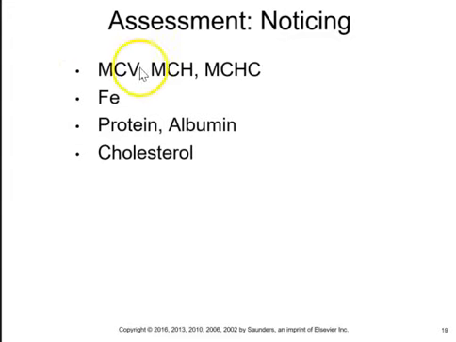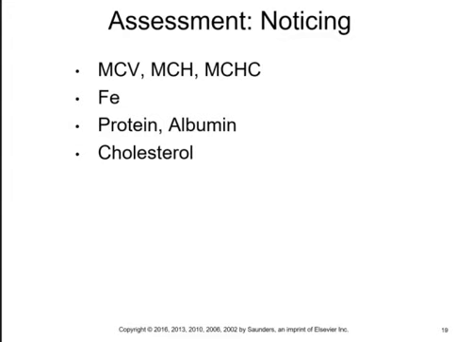You may see that these clients have a decrease in mean corpuscular volume, their MCV, their mean corpuscular hemoglobin, MCH, and mean corpuscular hemoglobin concentration. And those are all going to be signs of microcytic anemia, and that is resulting from iron deficiency.